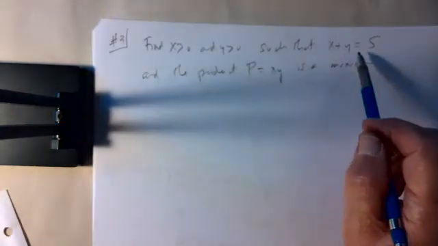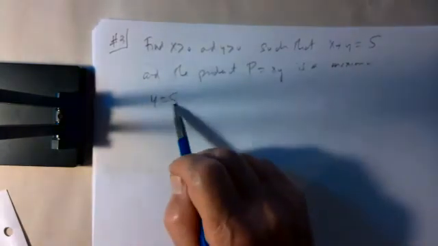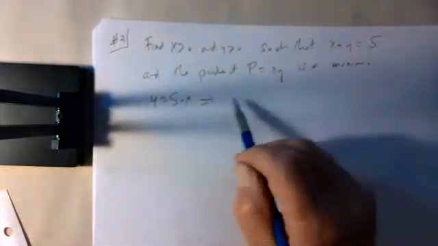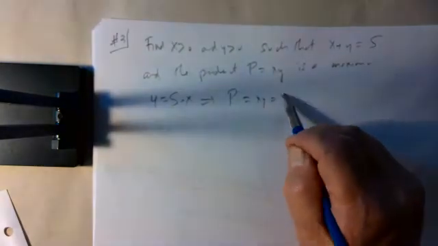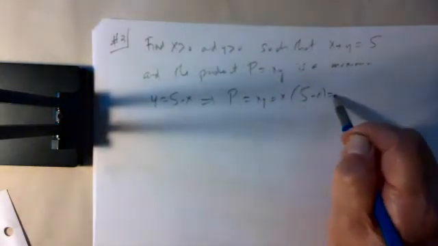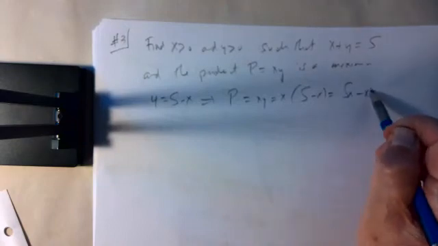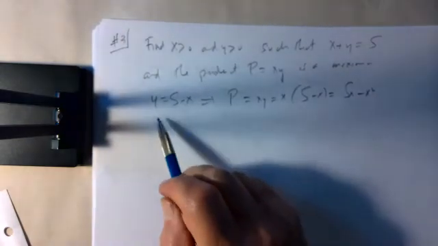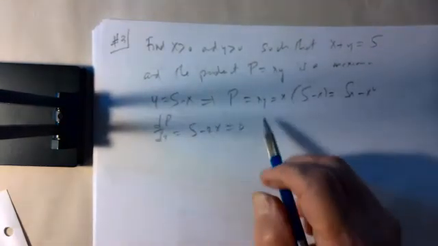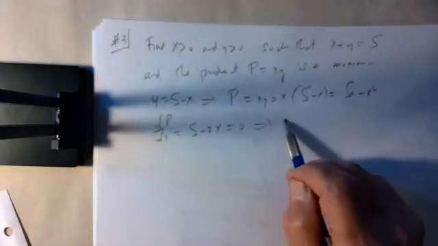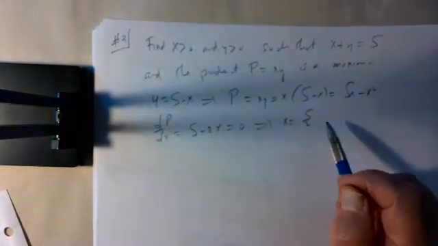So how do we solve the problem? Well, x and y are related. Given x, y has to be equal to s minus x. So p, which is xy, is x times (s minus x). That's sx minus x squared. So if I differentiate this, I get s minus 2x, which is 0 when x is equal to a half of s.